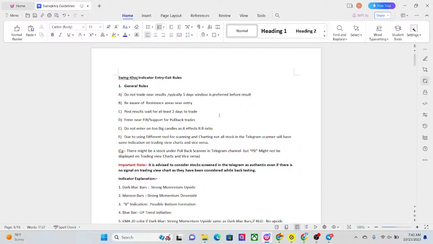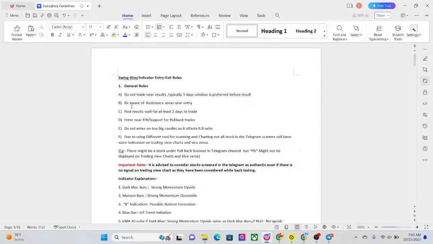Some general rules that I have made for swing trading: do not trade near results. Typically a 5-day window is preferred before the result. Like if a result is on the 10th, trade at least 5 days before, and after that don't trade. Also, if any indicator confirms a trade, beware of nearby resistance.